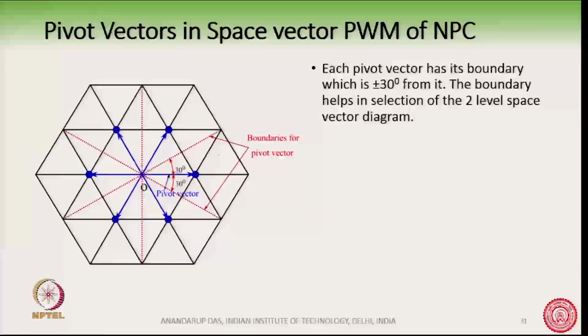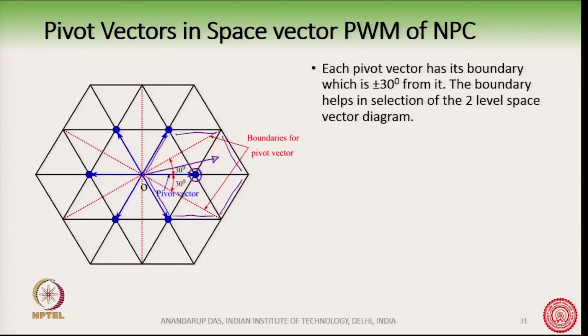If the reference vector is here, I will switch this hexagon with the pivot vector here. This is the pivot vector and I will switch this hexagon which is given by this, this, this, this. So, this will be like a conventional 2 level space vector diagram.